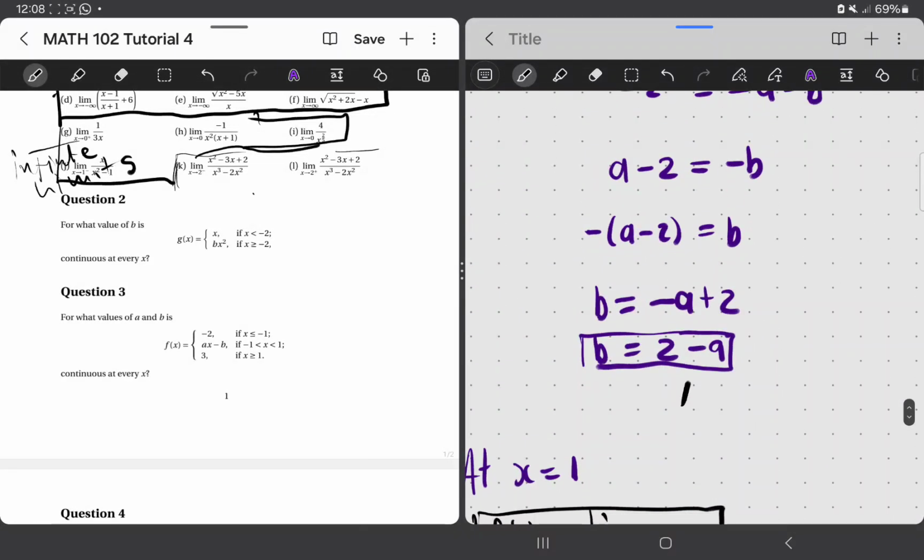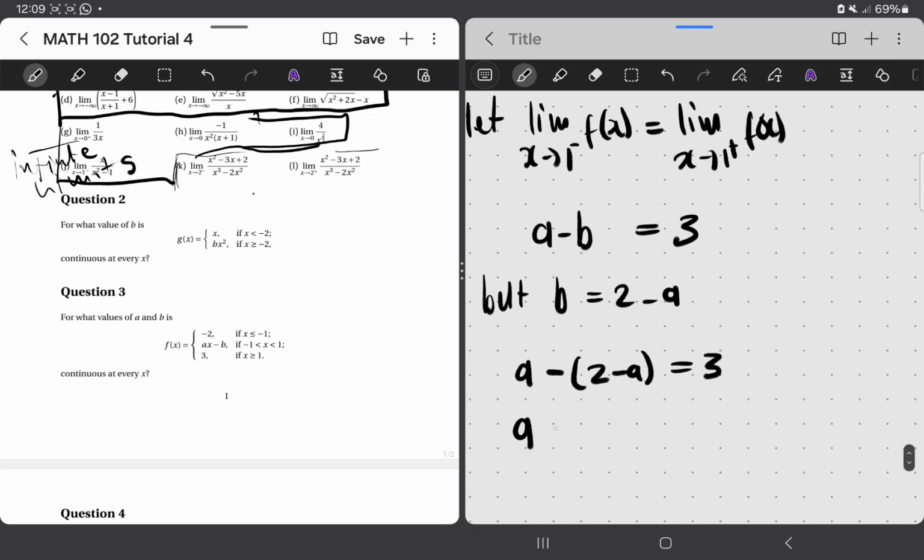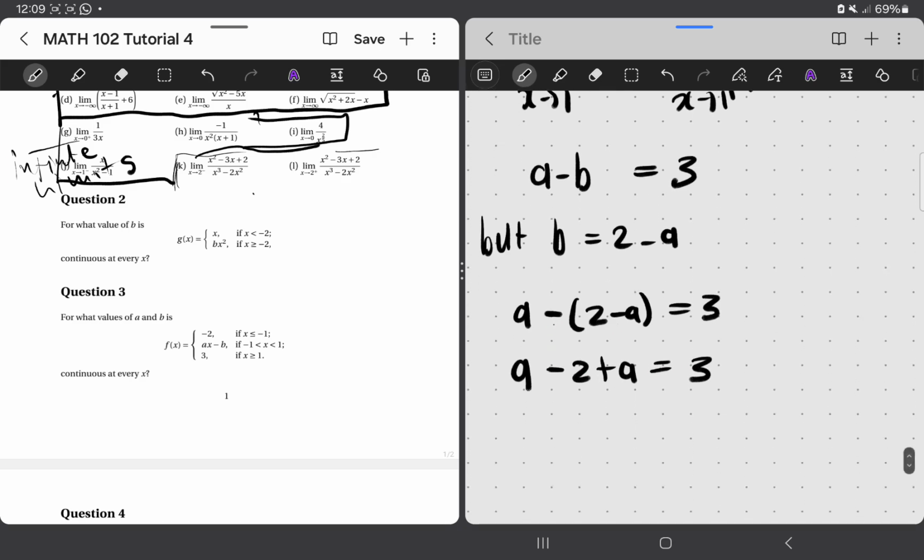From here, b is 2 minus a, okay? So you can say a minus (2 minus a) is equal to 3. So this becomes a minus 2, then minus of minus a becomes plus a. This is going to be equal to 3, right?